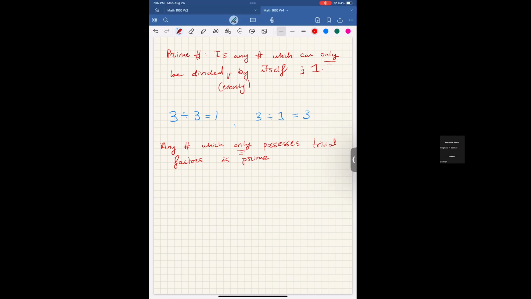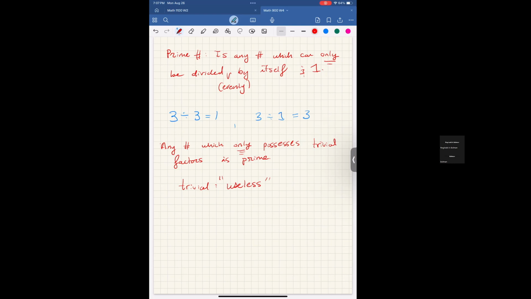So when I say the word trivial in a math context, what trivial usually means is useless. Meaning that whenever you perform an operation or do something in order to find some sort of information, and what is produced is meaningless or useless, we would say that that operation is trivial.